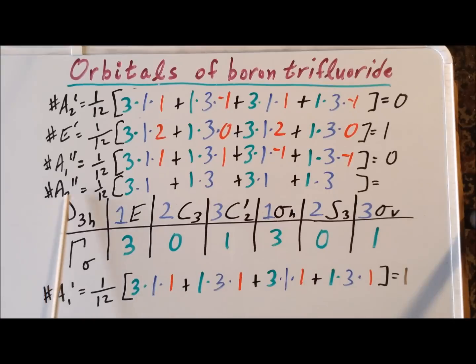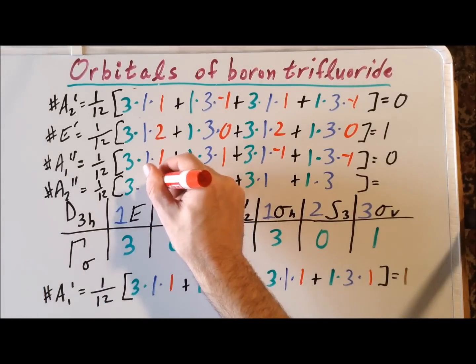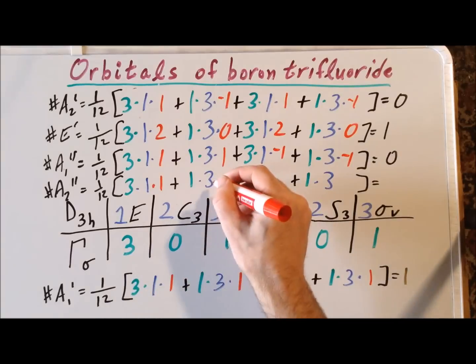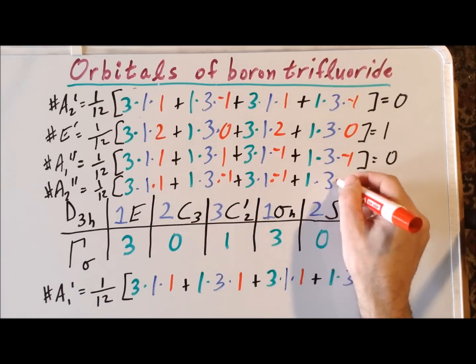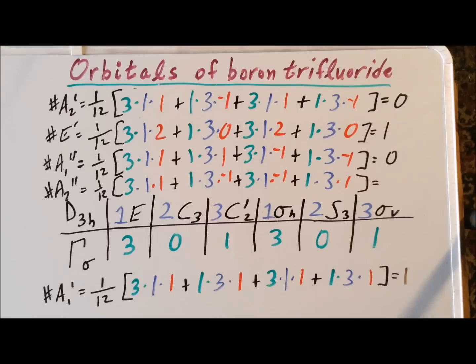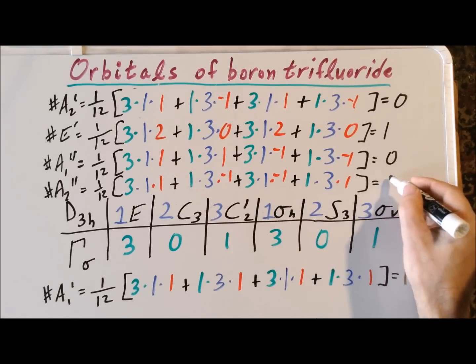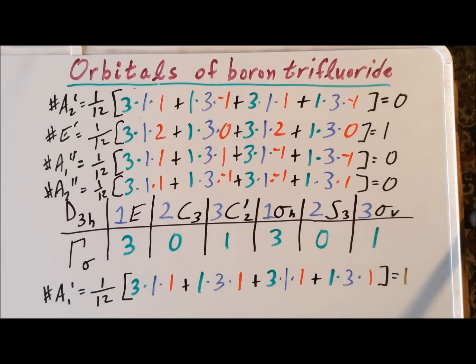Now for A2 double prime, the relevant characters are going to be a 1, a -1, a -1, and a 1. And when we simplify that out, we see that there are 0 A2 double primes in our reducible representation.